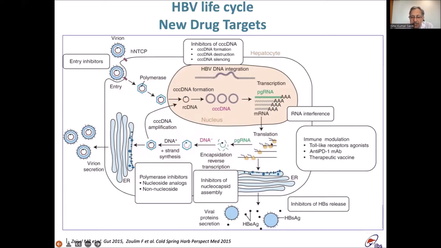All these, E antigen, core antigen, surface antigen, polymerase, all of them have to assemble. You can have assembly inhibitors, or inhibitors of surface antigen release, or immune modulators to kill. So all these are drugs in the pipeline. You may start seeing them from 2024.